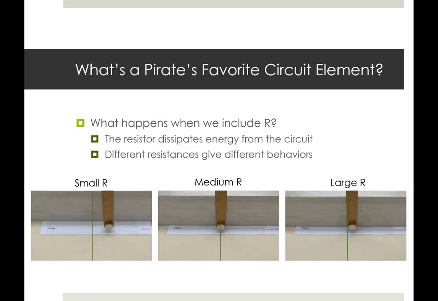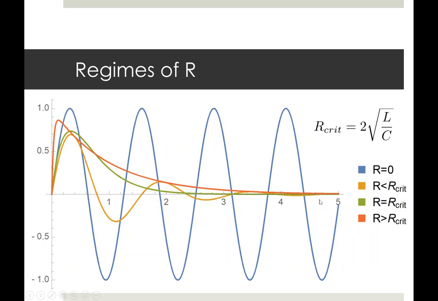Now, the math behind this transition from oscillating to not oscillating and then taking a long time to get down is all quite involved and kind of beyond the scope of what we need to do for this course. But I hope at least from a conceptual outlook, this makes some sense. That with different values of the resistance, we wind up with different behaviors.